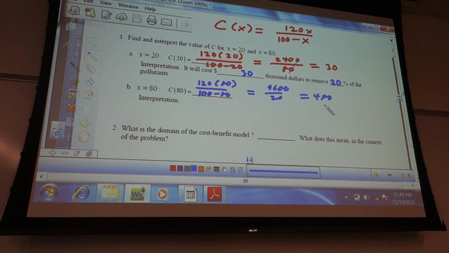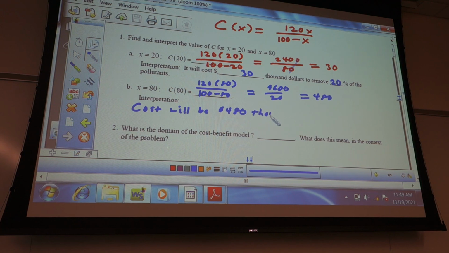It's your C. So that means that the cost will be 480,000 thousand, right? That's a lot. To remove what? 80% of pollutants.